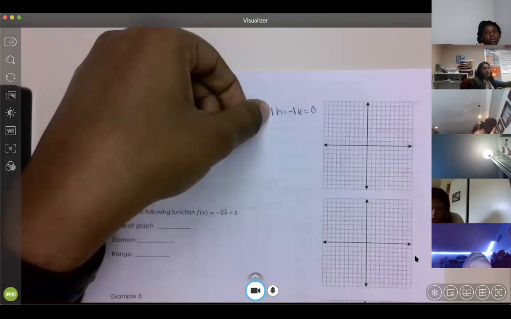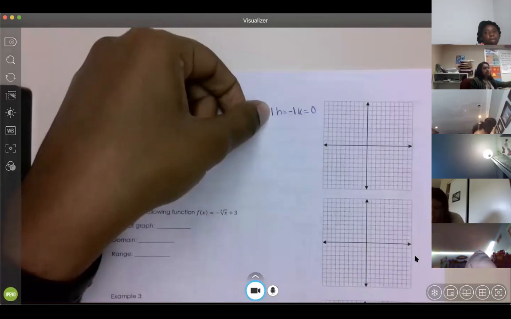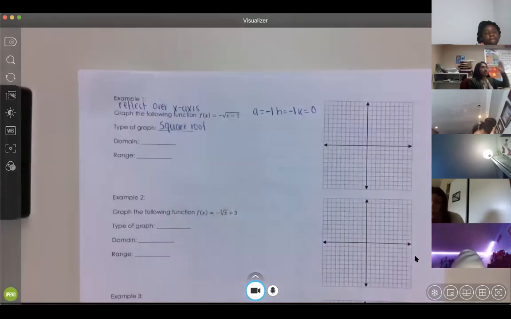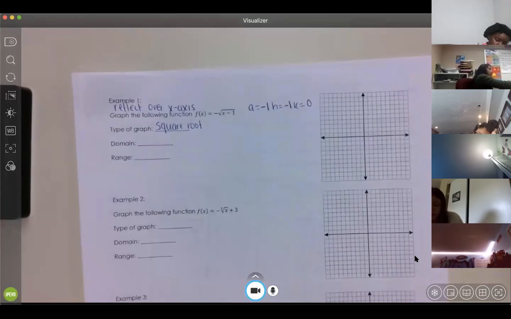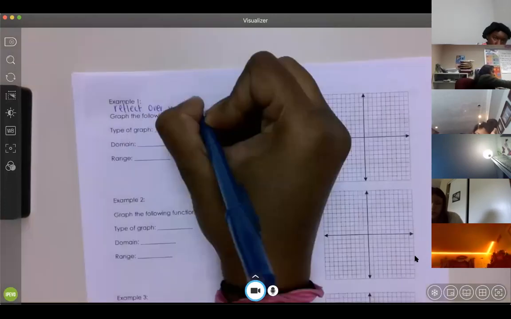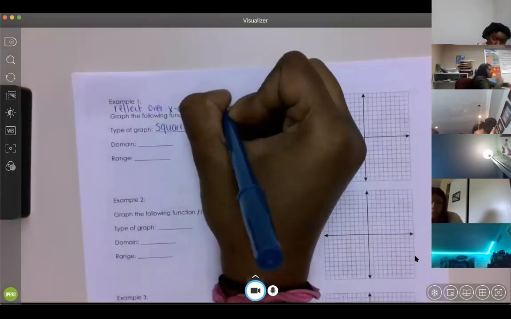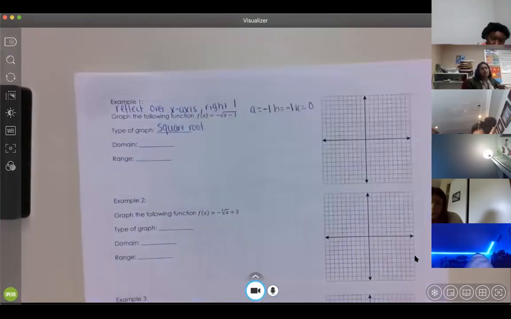So the number is just 1, so I don't care about it in terms of stretching and shrinking. The only time you want to care about stretch and shrink is if this number for a is something other than 1. This minus 1 for the h means I'm going to the right 1. And my k value is 0, so I'm not moving up, I'm not moving down. It's just staying right where it's at. Any questions so far?